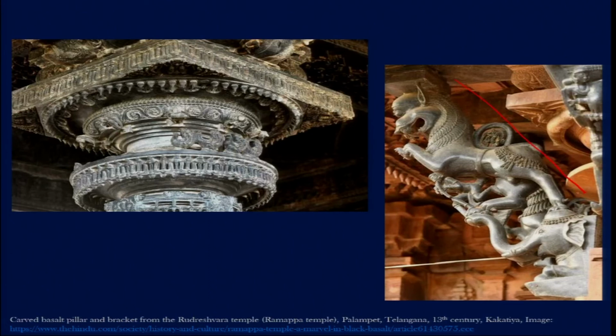These brackets also hold the projections of the roof, which go outward, and the brackets with the mythical Yali figures and the elephant figures hold the roof in a similar way. This is happening during the 13th century in Telangana.